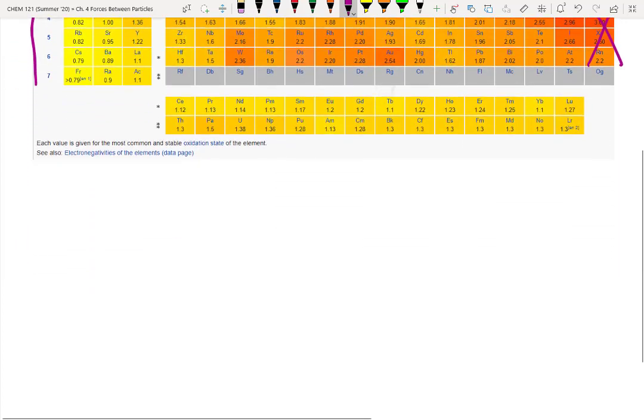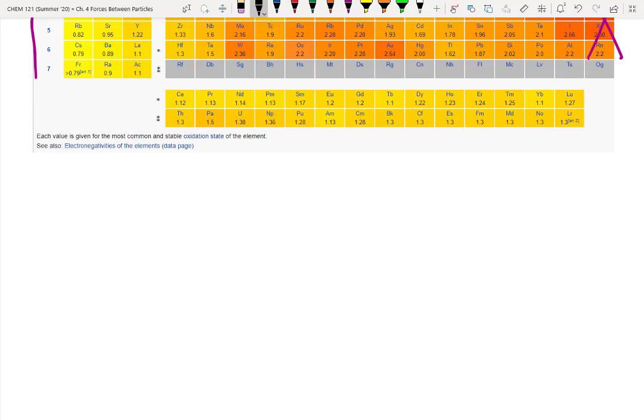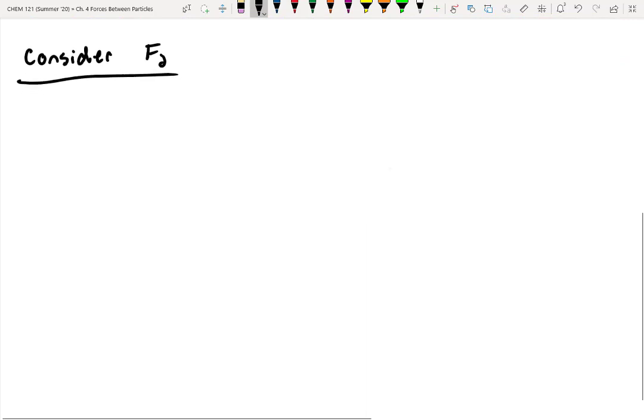So let's go through a few examples with fluorine. Let's consider elemental fluorine, which is just F2. This is fluorine gas, right? We know fluorine is really greedy. Let's first draw the Lewis structure. We've got 2 fluorine atoms, and I'll just draw them out like this. Fluorine is in group 7A, which means it has 7 electrons in its valence shell.